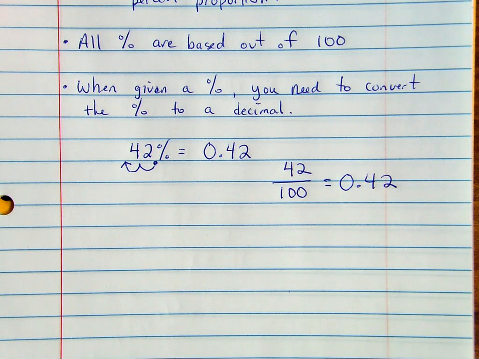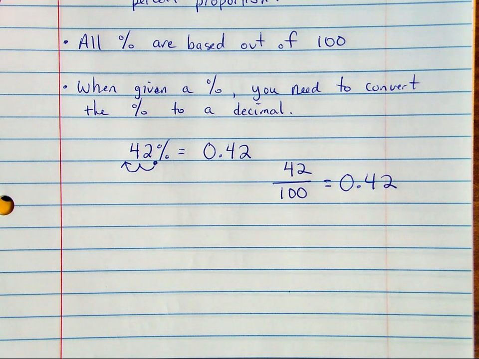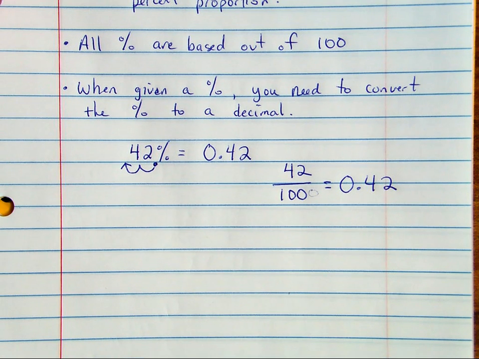Now, if there would have been 3 zeros here, how many decimal places would we have moved the decimal? Maddie? 3. If this would have been just a 10, meaning 1 0, how many decimal places would we have moved the decimal?